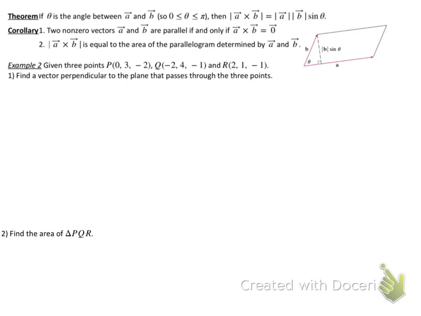So if you didn't start with a 0 vector, but you end up with one, that means the two vectors are parallel. Parallel meaning they go in the same direction or opposite directions. Also, the magnitude of the cross product is the area of the parallelogram in this graph.